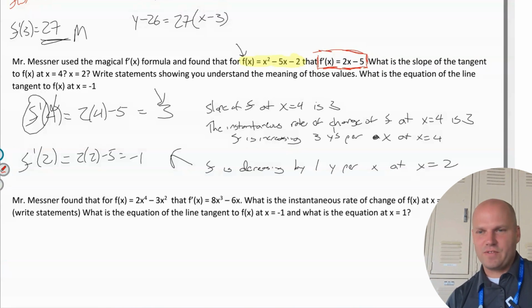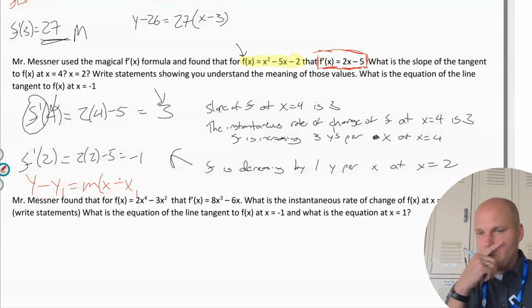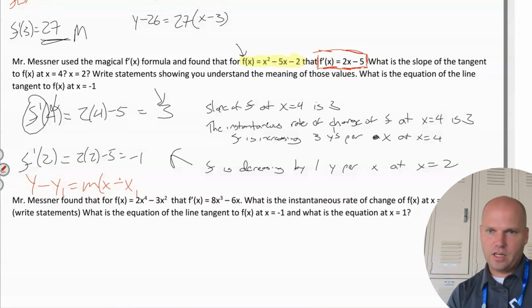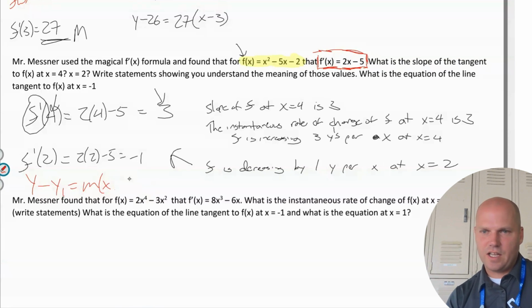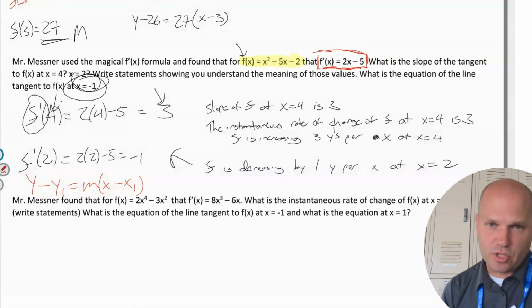And now I want an equation of a tangent line. So now I need to finish off with a y minus y1 equals m times x minus x1. I'm going to show my handiwork in a second. Because it's one thing to just do it. It's another thing to see it. So at negative 1, I'm choosing a different spot.